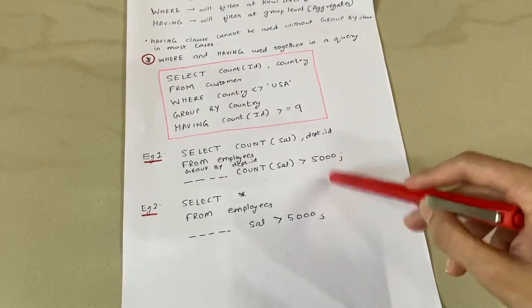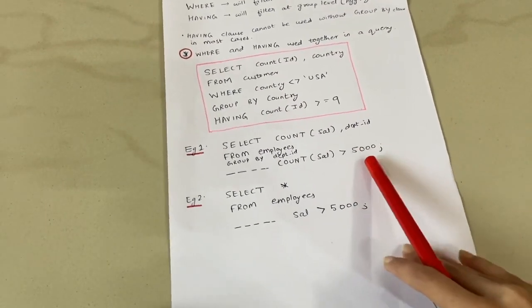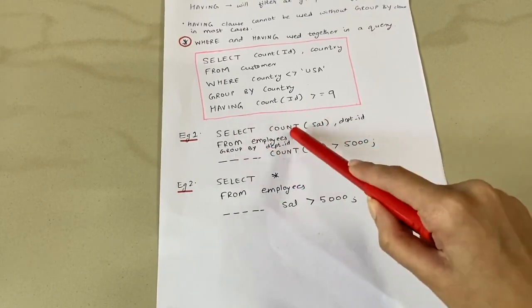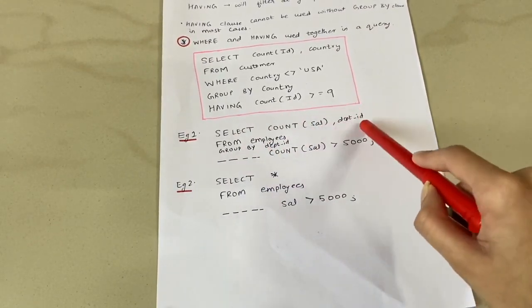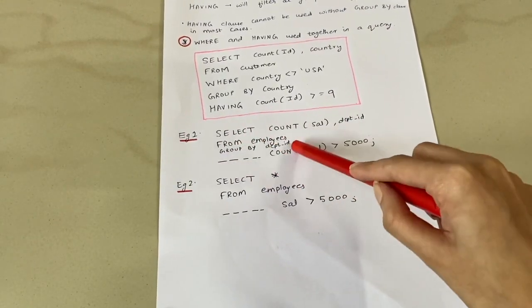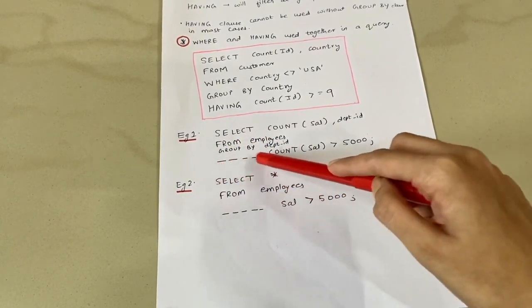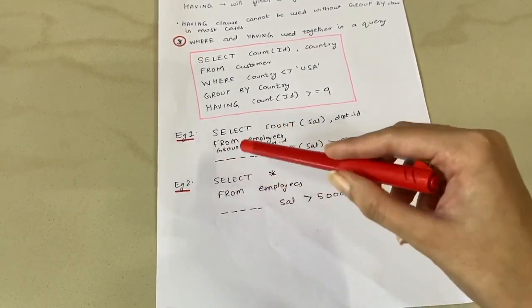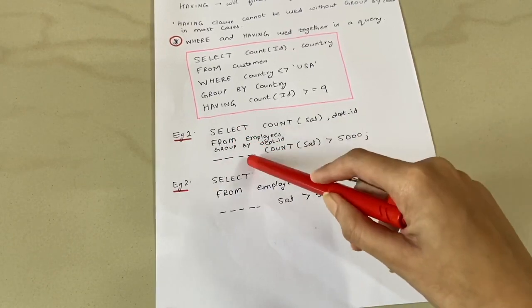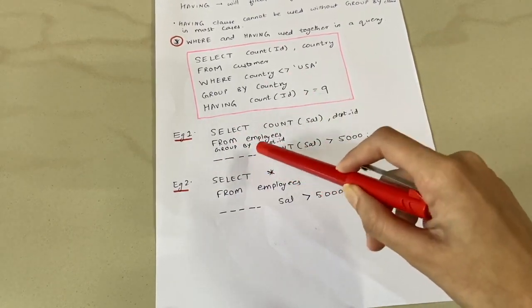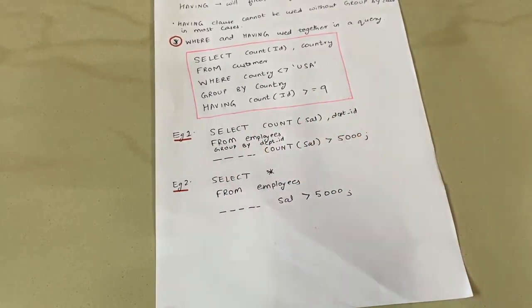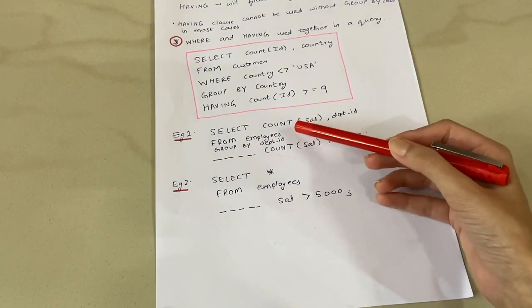But before that, let's see these two examples. Okay, now: select count(sal), department_id from employees group by department_id, and I've written a dash over here to discuss whether we have to write WHERE over here or HAVING. Dash count of sal is greater than 5000. Now what is count? Count is an aggregate function.